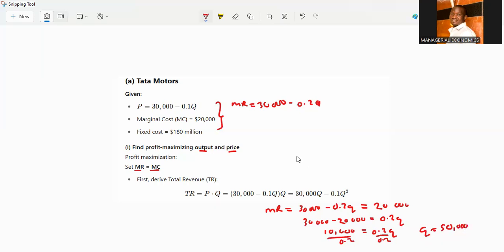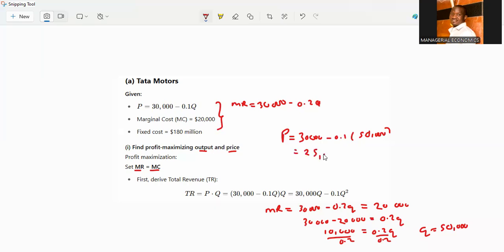So to find our price, we substitute here, we put our 50,000. So our price is equal to 30,000 minus 0.1 times 50,000. So it will be 30,000 minus 5,000, which is 25,000.